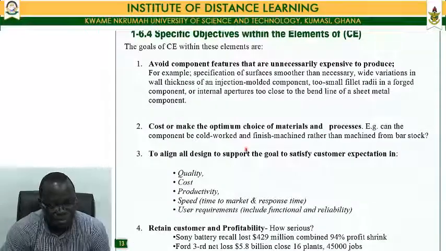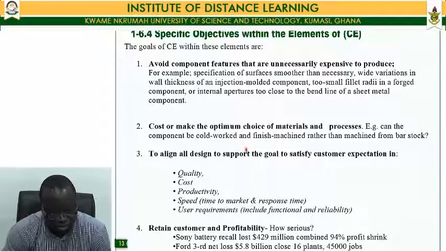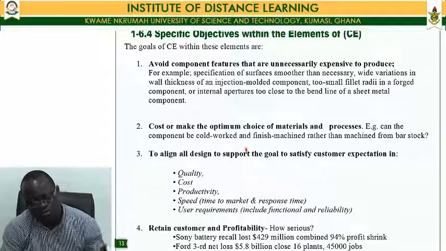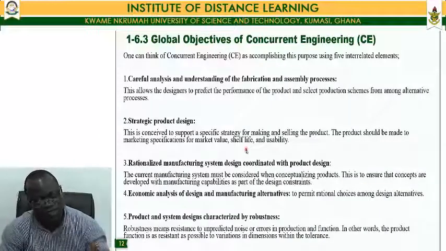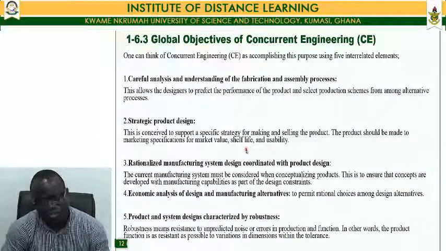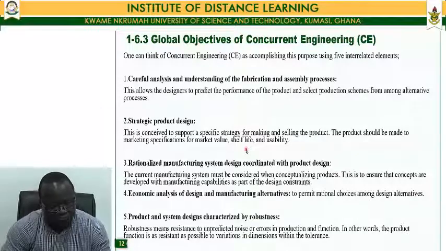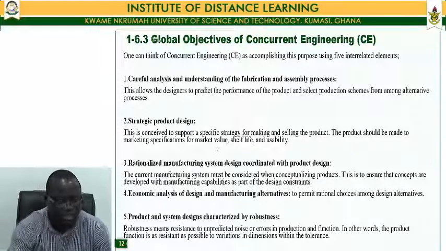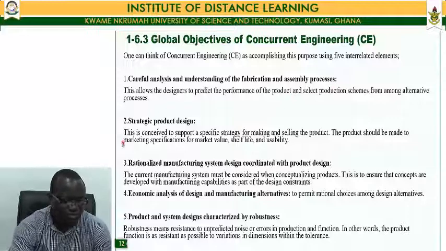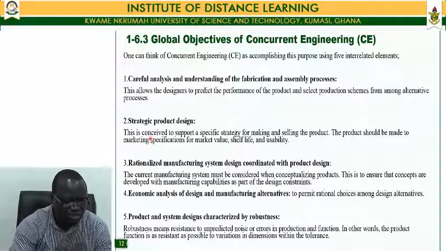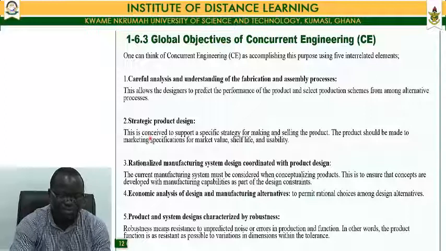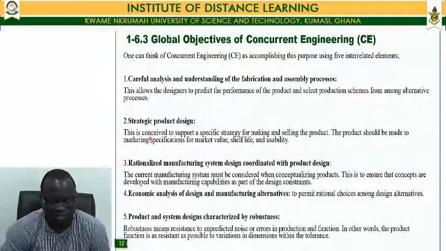Okay. Now, when it comes to the specific objective, we talk about the global objectives. The global objective, quickly, there will be need to carefully analyze and understand the fabrication and assembly process. There's going to be a strategic product design, and that is the product should be made to marketing specifications for market value, shelf life, and usability.